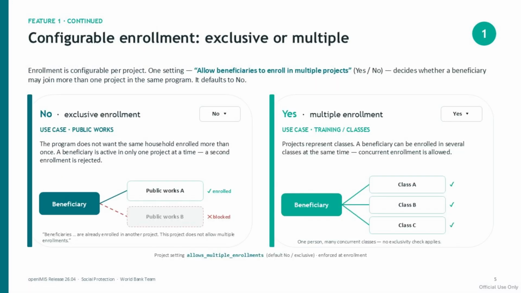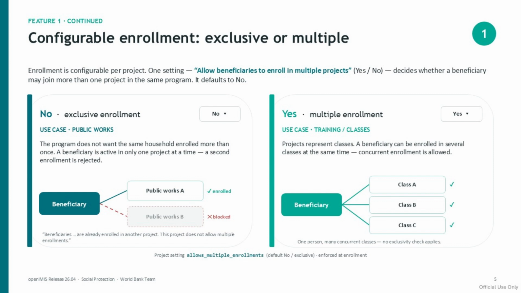The projects are not just designed for public works. You can also use them for other purposes, like tracking training sessions or classes, which makes enrollment configurable. You can have exclusive enrollment or multiple enrollment.